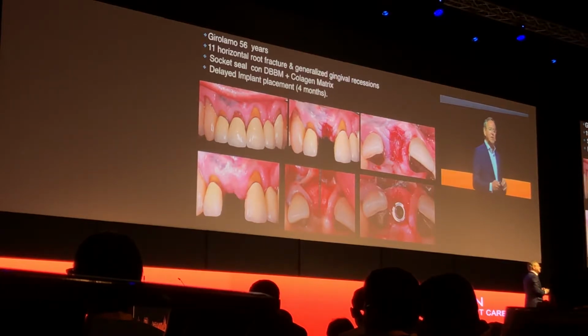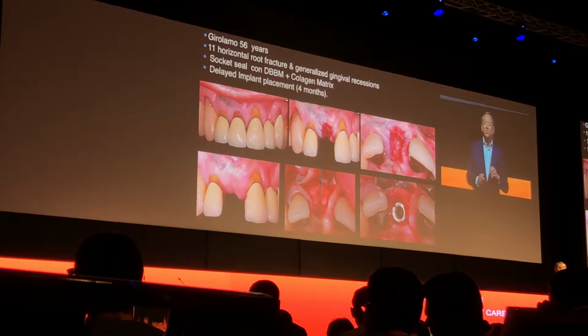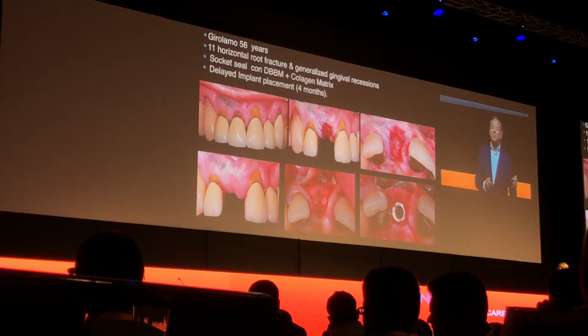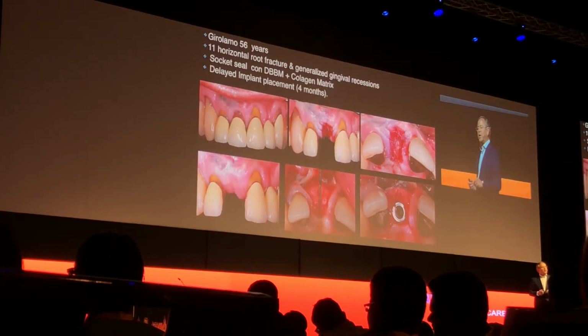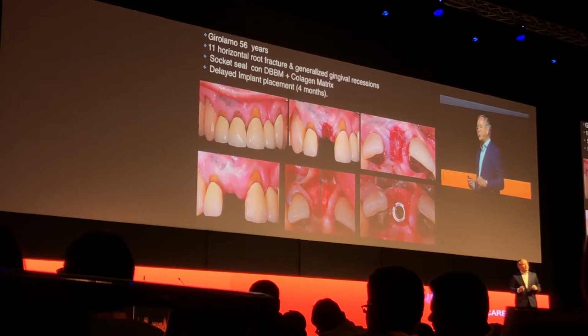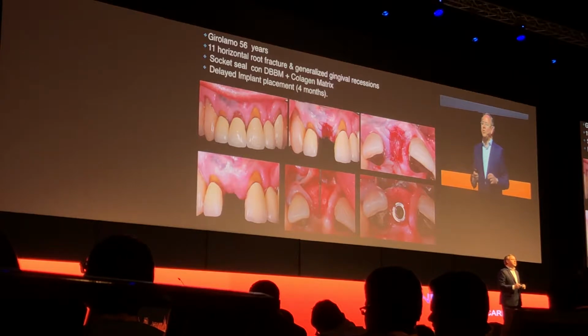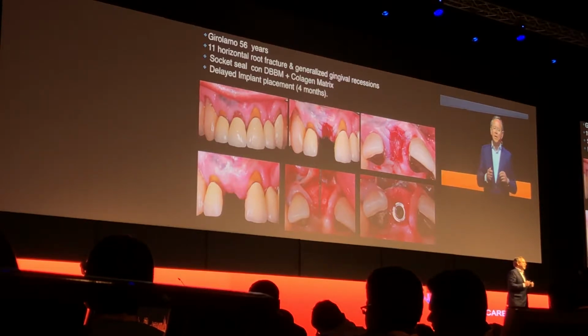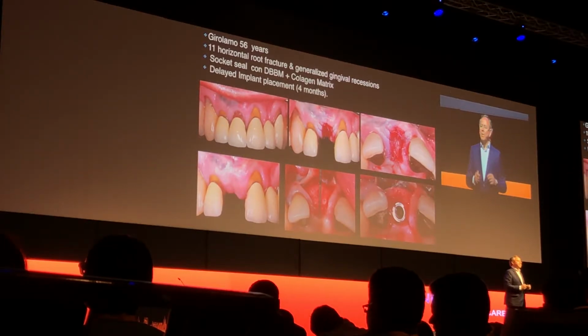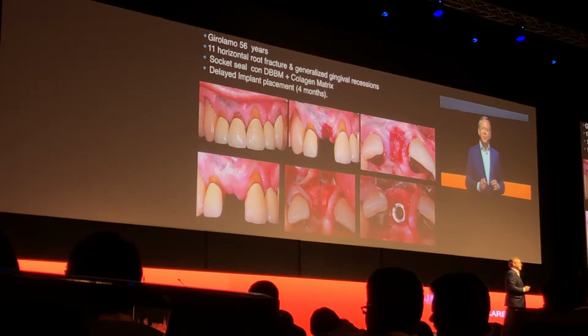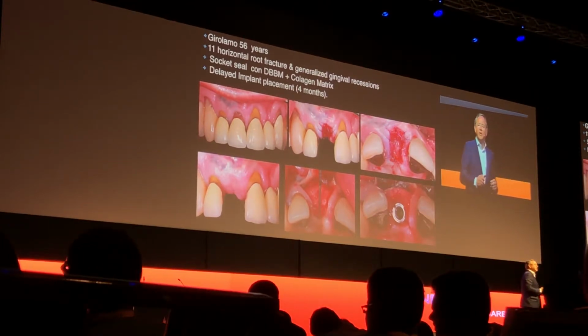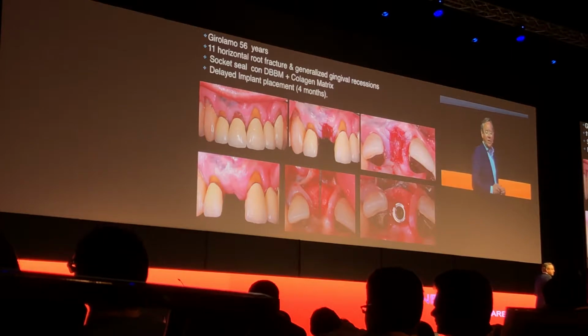And in these situations, I would use a slow resorbing biomaterial, either xenogenic or synthetic, and I would close the opening either with a soft tissue autograft or with a soft tissue substitute. But the whole objective is to avoid the contamination of the biomaterial that I have placed.